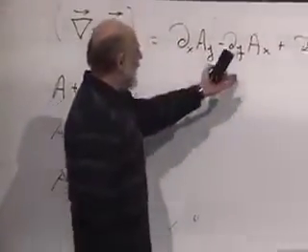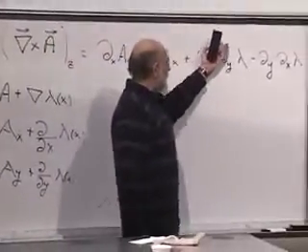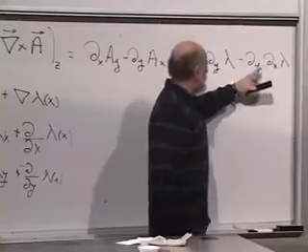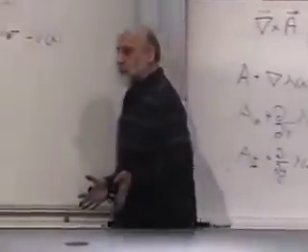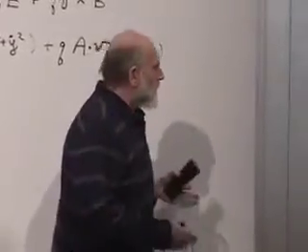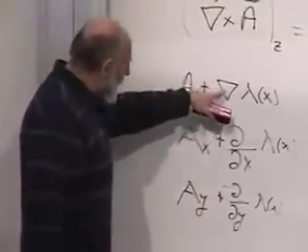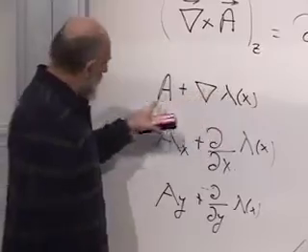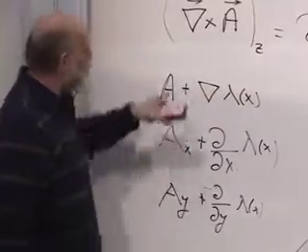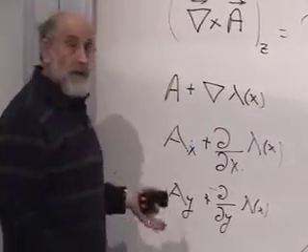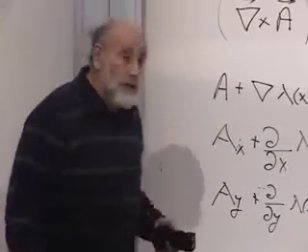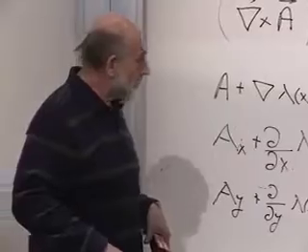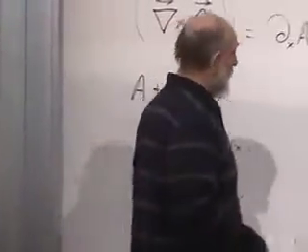Well, these are exactly the same thing. d by dx, d by dy of lambda is exactly the same thing as d by dy, d by dx. The order of operations of derivatives is immaterial. And so by adding the gradient of a scalar to a vector, it does not change its curl. Another way to say it is the gradient of a scalar doesn't have a curl, it is curl-free.